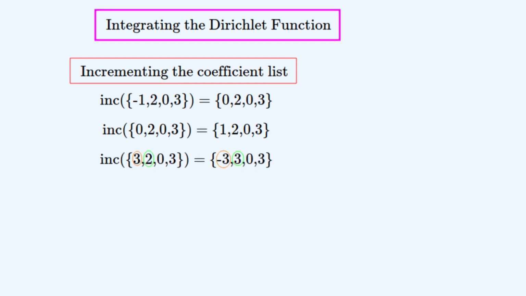When we get to the largest number in the range, then we'll set it equal to the minimum value in the range, and increment the next value in the list, like a counter. And if we have a list with only zeros, then we'd increment this list to a 1, followed by a lot of zeros, because we'd need at least one square root in the list to make this number irrational.